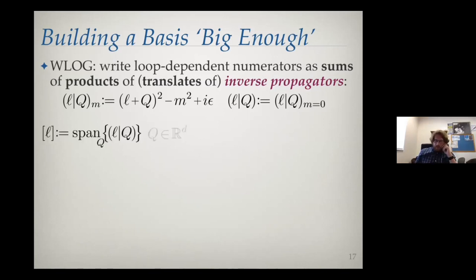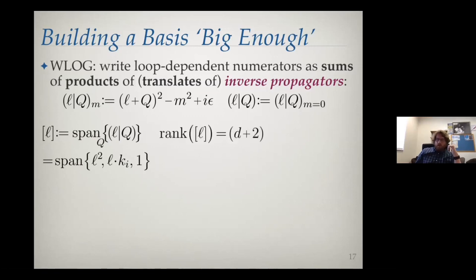And I can introduce this notation for the span over all vectors Q in d-dimensional space of inverse propagators. Now, this is a particular space of degree 2 polynomials in L. It's not all degree 2 polynomials in L, but it's a very specific space. And it's very easy to see that this space has a dimension of d plus 2, because the loop L squared is inside this space.